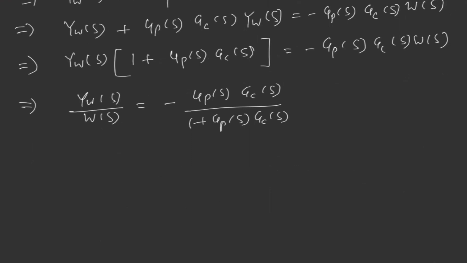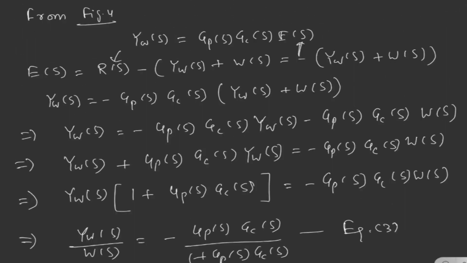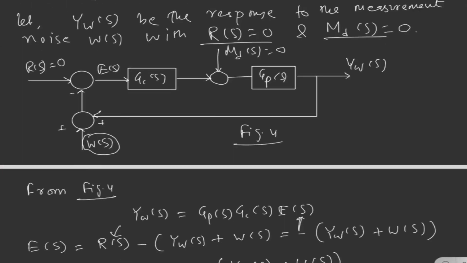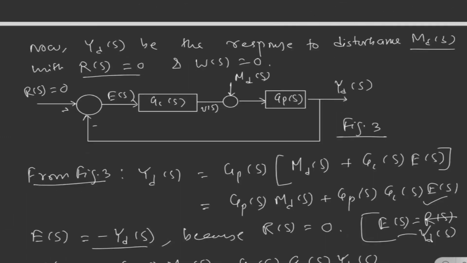So this is the transfer function which relates the output and measurement noise in the system. Let me define this as equation number 3. If you notice very carefully, in these 3 transfer functions, the denominator part in all equations is the same.